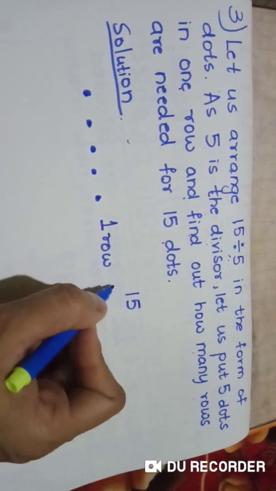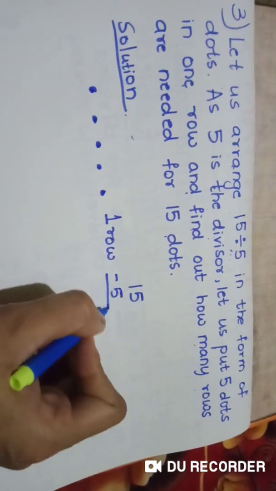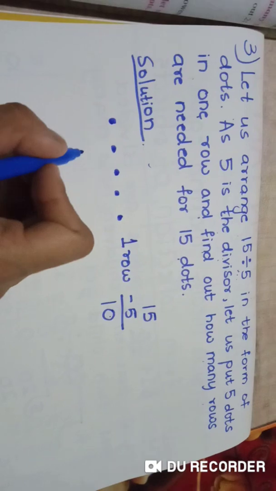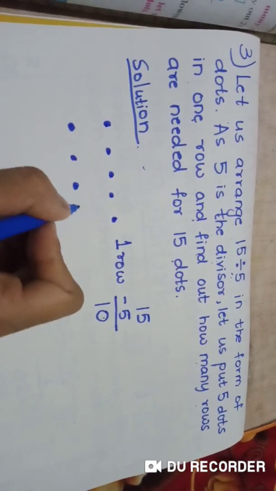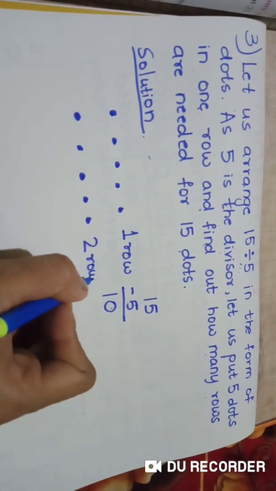Now, 15 minus 5. How many remaining here? 10. Then again 5 dots. 1, 2, 3, 4, 5. This is our second row.